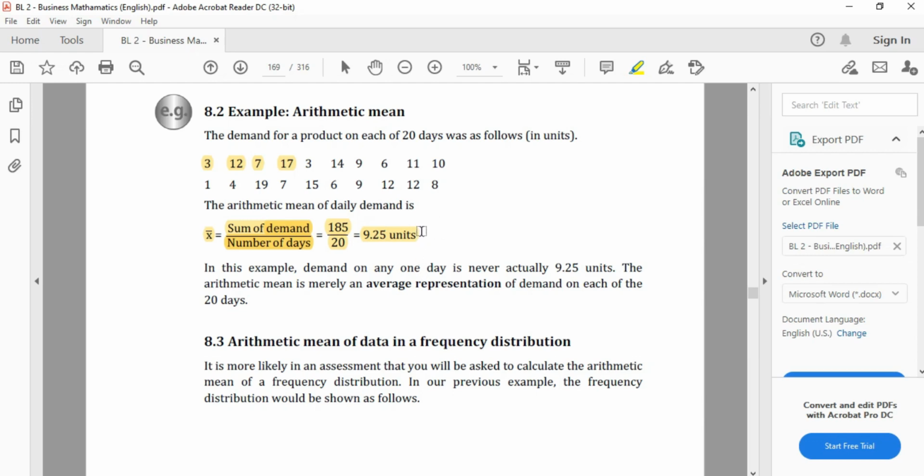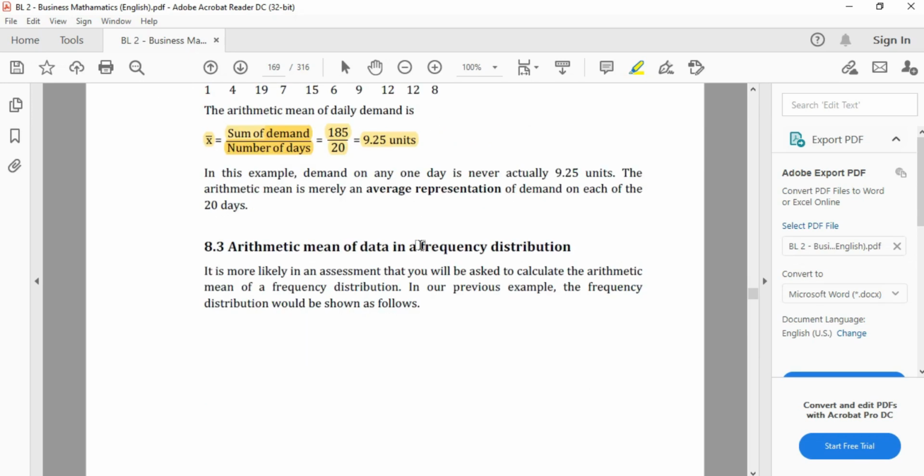They haven't written per day here, but you must understand that this is the demand for a day. In this example, demand on any one day is never actually 9.25. The arithmetic mean is merely an average representation of demand on each of the 20 days.